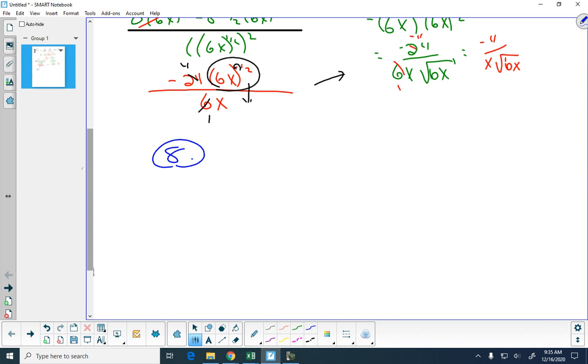We have f of x is equal to secant of 2x, and I want to calculate f prime at pi over 6. So first we have to take the derivative of the secant of 2x.